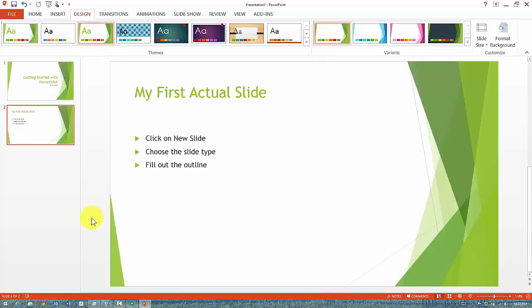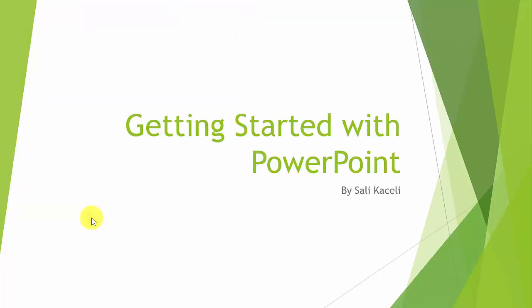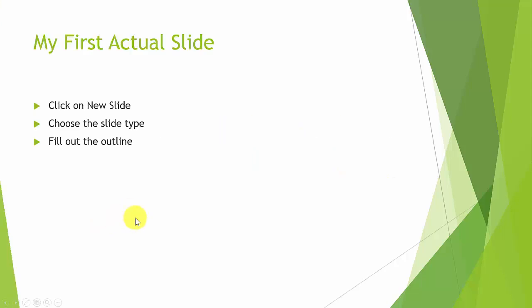Now at this point, if I were ready to go with this, notice I'll present it one more time, press F5, and then to move from slide to slide, we can just either press the space bar on the keyboard, or click with the mouse, or use the arrow keys on the keyboard. Any of those will work. So stay tuned for the other sessions, and we'll learn how to go step by step on enhancing the presentation and doing all kinds of other fancy stuff with the presentation.